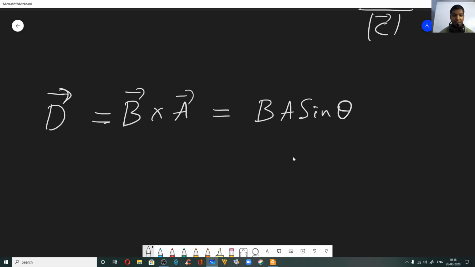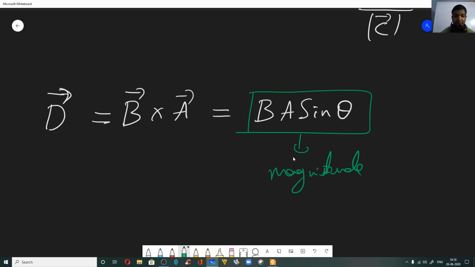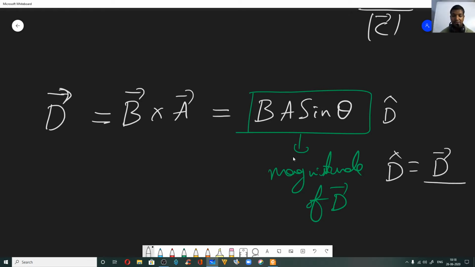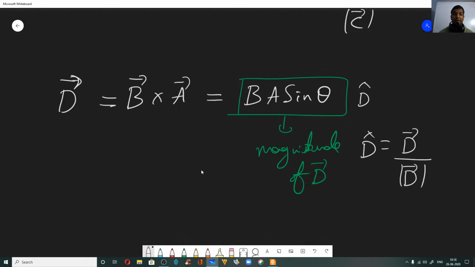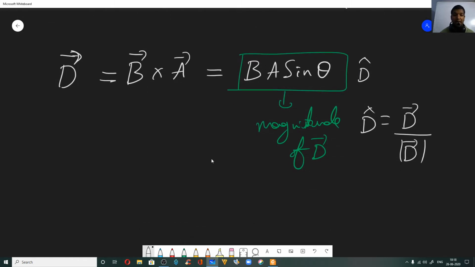This will give you the magnitude of vector D, and you need the direction. So we'll assign D cap, which is the vector D divided by its magnitude.